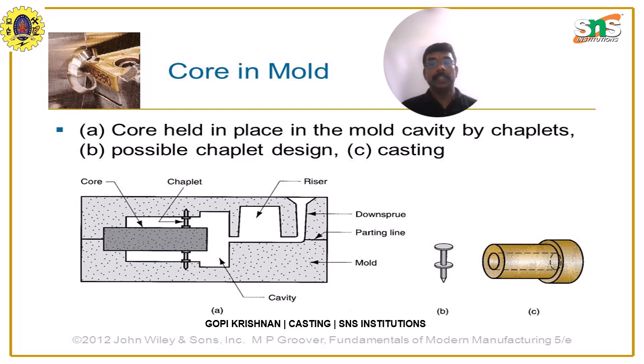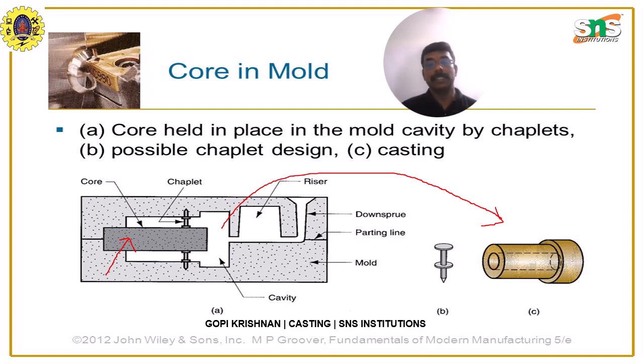So this is the component which is called the core. This component is going to be very similar to the molding sand, which is placed inside the mold cavity. And the mold cavity is the final component we need to create. The final component you are creating resembles this component. And see, this component has a central hole in its body.